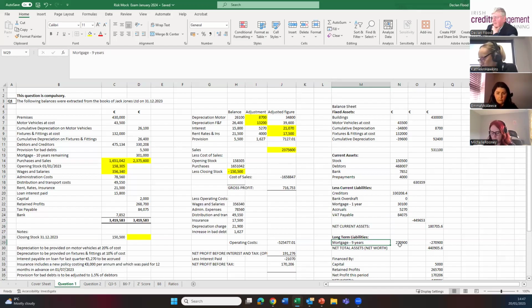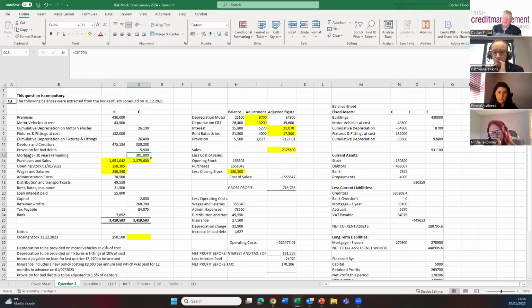Then your mortgage. Now, the mortgage sometimes gets people because it says here that there's 10 years remaining in the mortgage. So if there's 10 years remaining, then 9 years of that is a long-term loan. 1 year is a short-term loan, because current means it has to be paid within the year.